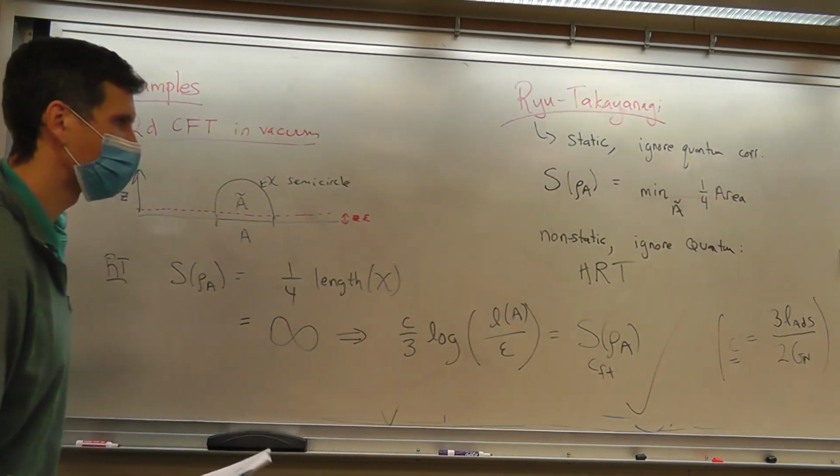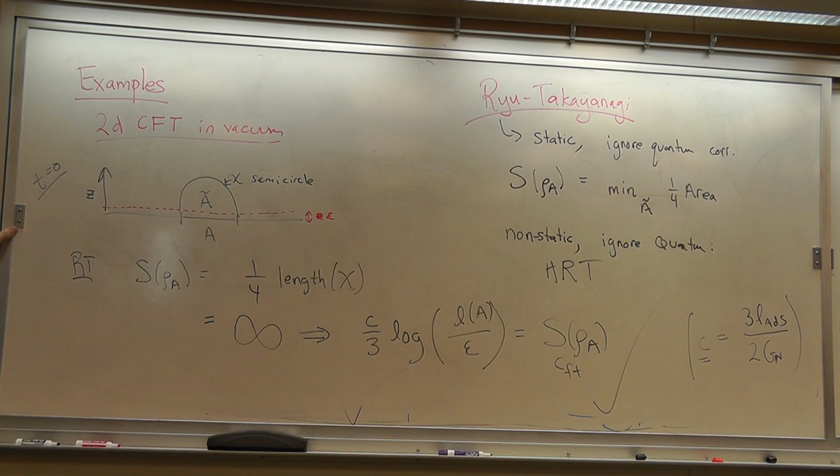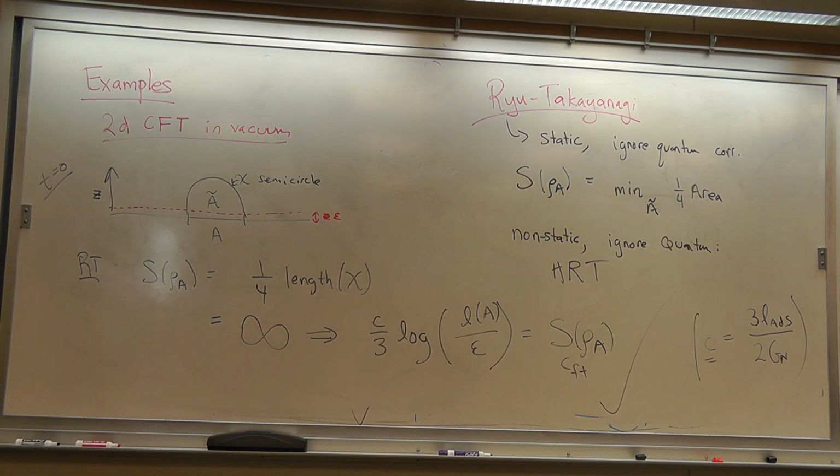Okay, I guess I'm going to erase this one so we can get the formula. We good with this one? So in the non-static case, you're taking the time-like maximum. In the static case, is it that it's no longer a maximum? No, no, it's still a maximum. It's just not necessary to think about it because there's a time reflection symmetry.